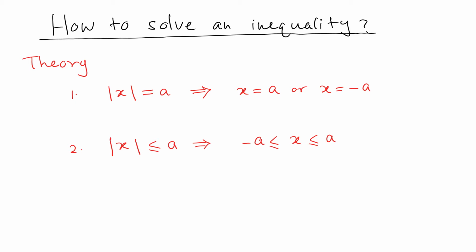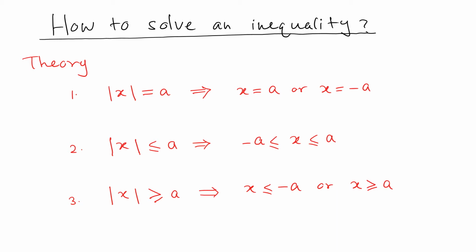As a third case, what about absolute value of x greater than or equal to a? That means the distance from the origin to x is larger than a. The only way that can happen is if x is outside of the interval negative a to a. So it has to be smaller than negative a or larger than a.